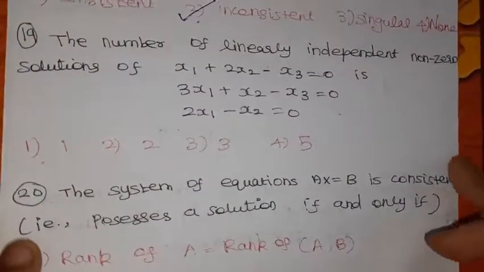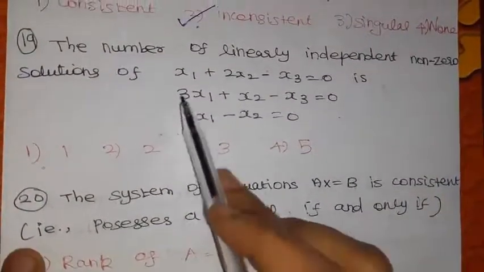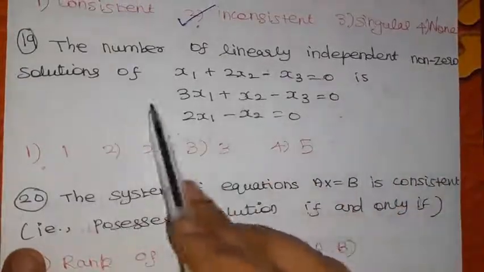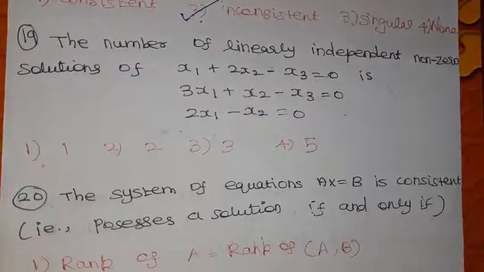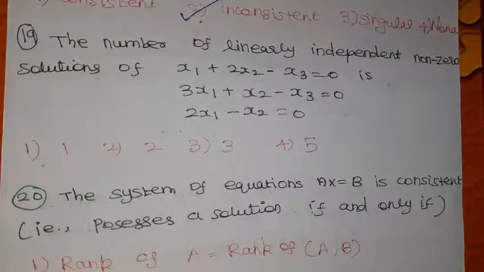Then 19: the number of linearly independent non-zero solutions of this one. So what are the linearly independent solutions? How can we find out the linearly independent solutions?